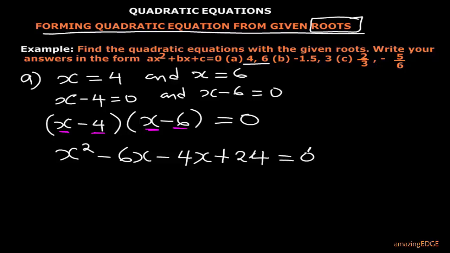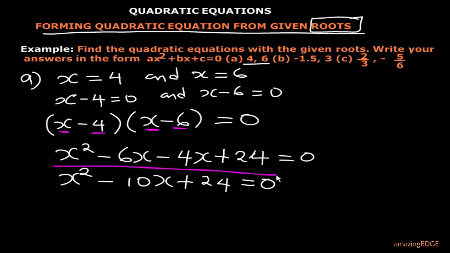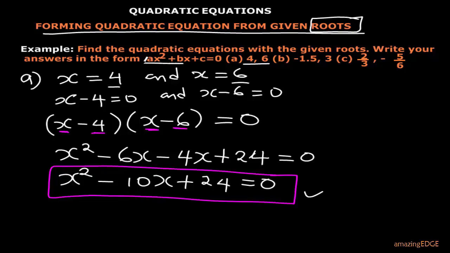So here you have x squared, minus 6x minus 4x gives us minus 10x, plus 24 is equal to 0. So this is actually the quadratic equation we are looking for. Now, if you use any of the methods to solve this quadratic equation, you will get x equals 4 and x equals 6. And remember, we are told to leave it in this general form, and of course, what we have confirms that.